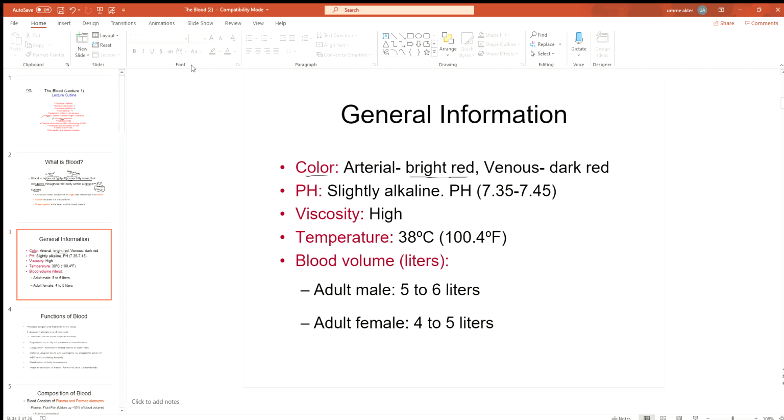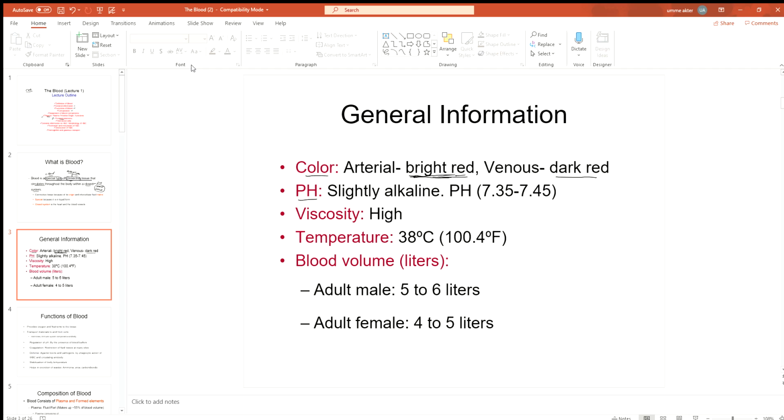Venous blood has more carbon dioxide, less oxygen than the arterial blood, and that's why the color is dark red. Now, when the oxygen binds with the hemoglobin, it gives bright illumination, and that's why where you have more oxygen inside the artery, the blood color is bright red.